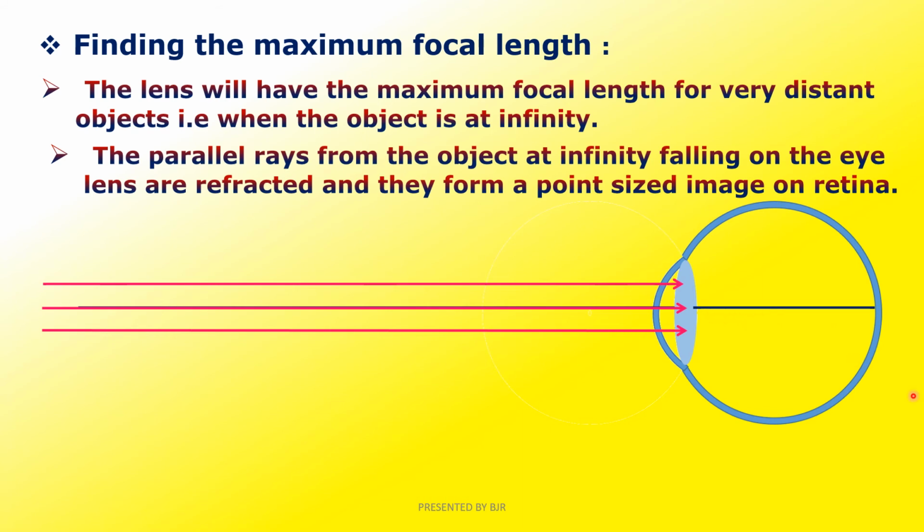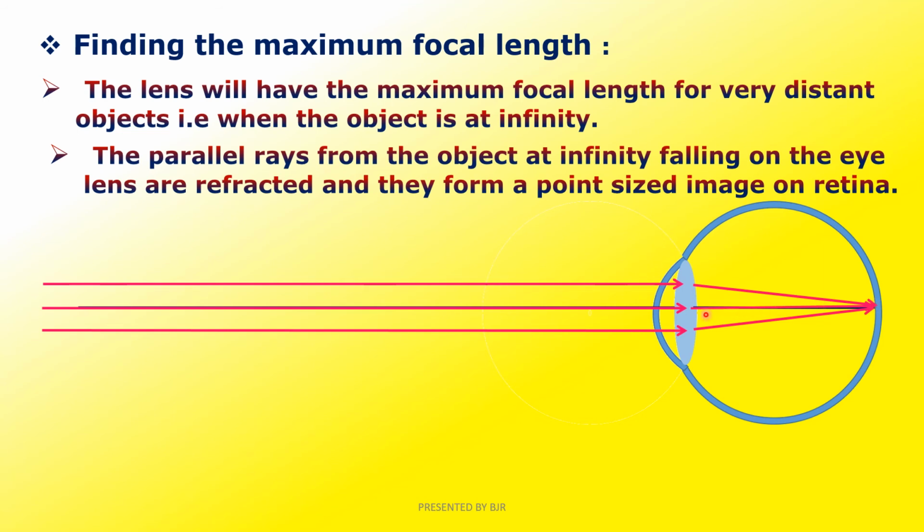See how they are converging here. That means the refracted rays are converging on the retina only. That's why a very small, tiny image will be formed on the retina.